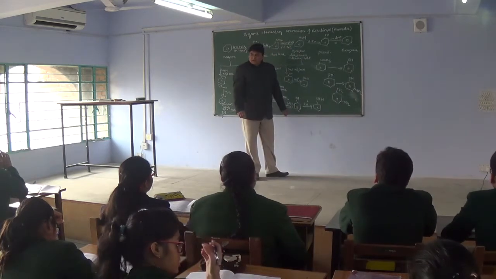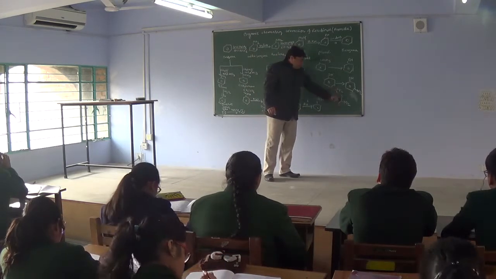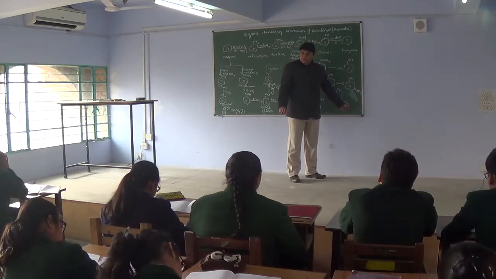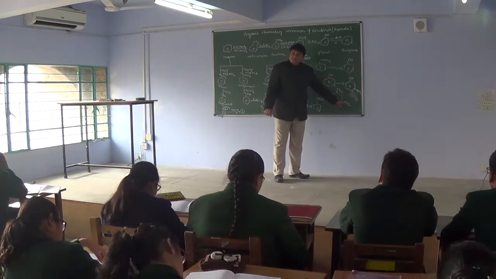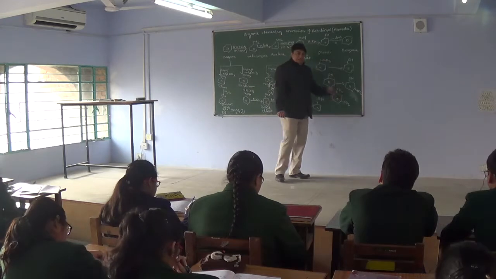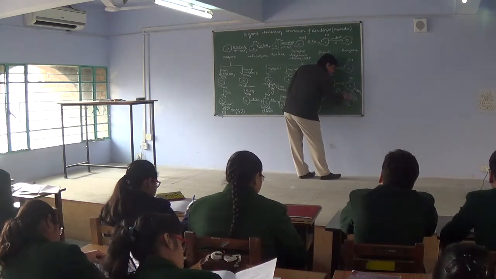Why? Because the nitro group is an m-directing group. Now if the nitro groups are reduced by Sn and HCl, both of them will be simultaneously reduced. You need to protect one NO2 group. Just remember, for that you will use yellow ammonium sulfide. This is a special reagent.